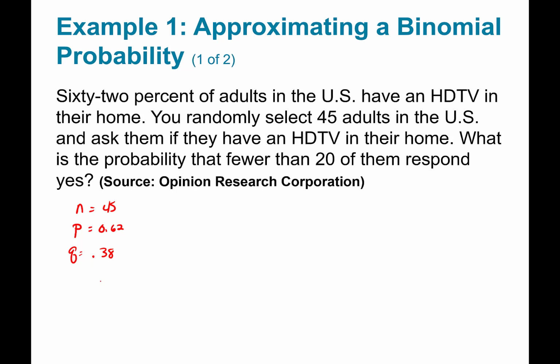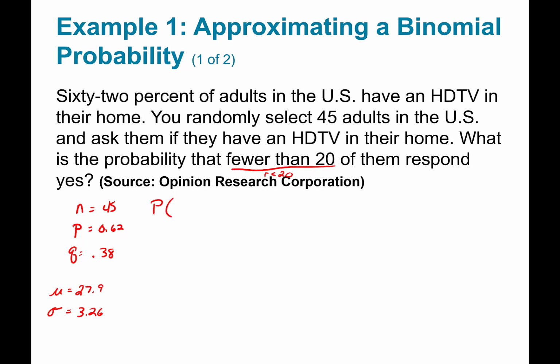We found np was 27.9, nq was 17.1. Both were larger than or equal to 10, and so that told us we could do it. So then we know the mean, mu, is n times p, which was 27.9. We've already calculated that. And the standard deviation sigma is going to be about 3.26. We already calculated that earlier.